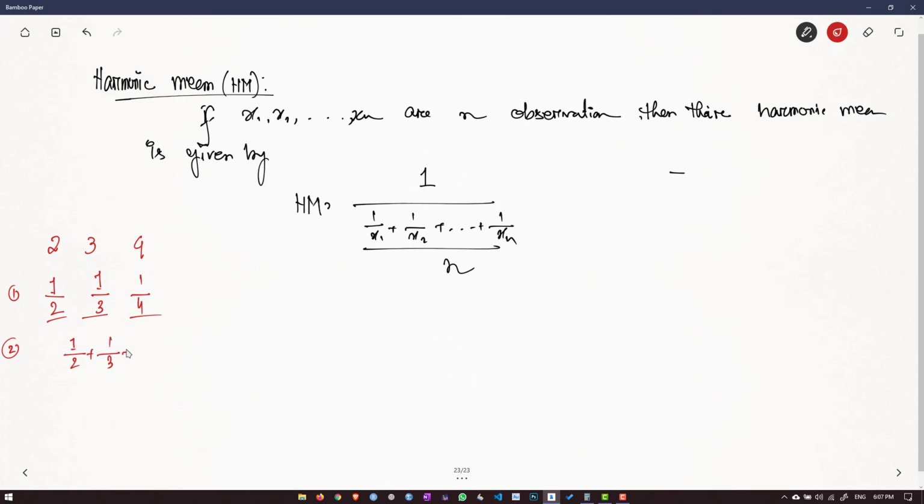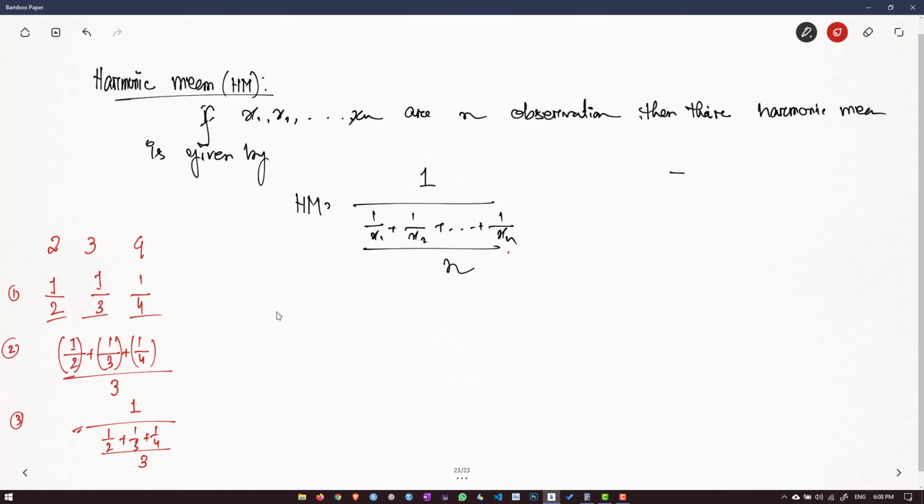So it is 1 by 2 plus 1 by 3 plus 1 by 4 divided by the number of observations, which is three values. That is the average of the reciprocals. Now the third step is to reciprocate this average, that is 1 by the quantity 1 by 2 plus 1 by 3 plus 1 by 4 divided by 3. This ultimate value will be the harmonic mean.